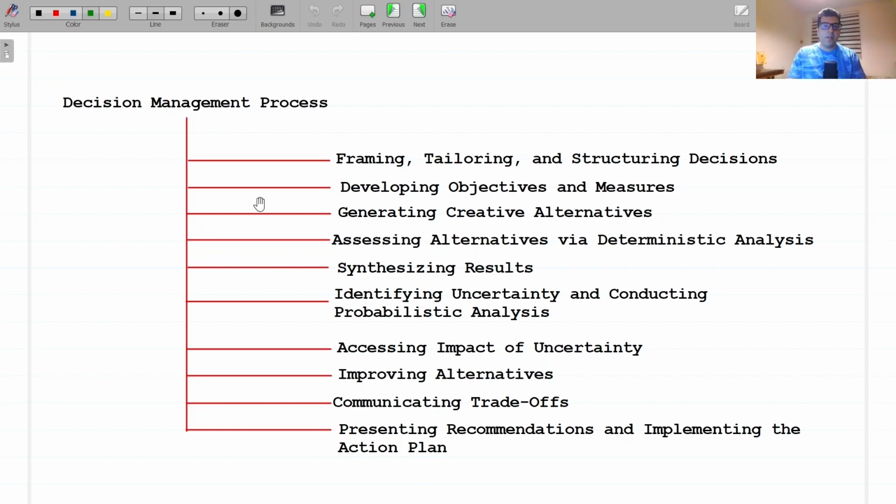Generating creative alternatives. For many trade studies, the alternatives will be systems composed of many interrelated system elements. It is important to establish a meaningful product structure for the system of interest and to apply this product structure consistently throughout the decision analysis. The product structure should be a useful decomposition of the elements of the system of interest that explores the trade space.